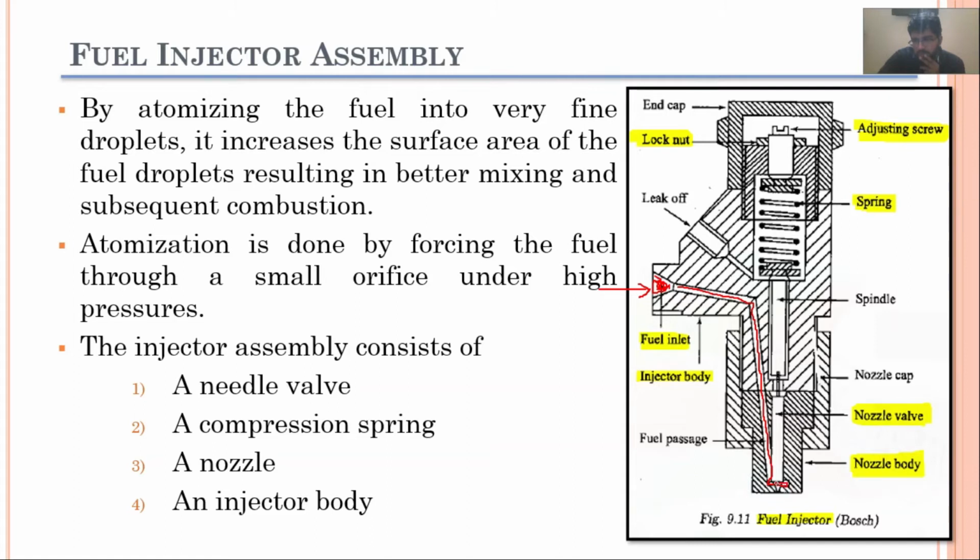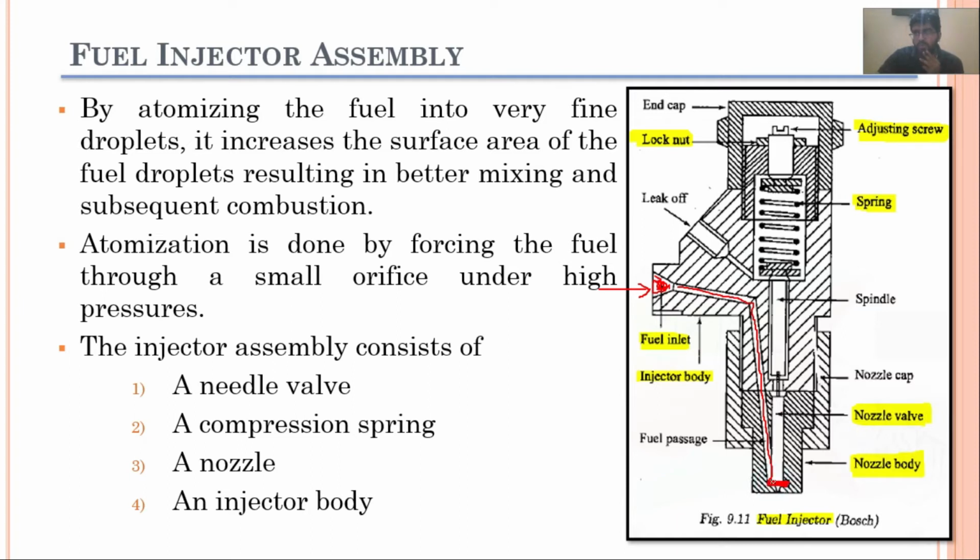This is a circular section. Since this is a cross section which has been shown here, this is entirely a circular section, and when you slice it in half, you will see it like this. At this section the fuel starts to accumulate.